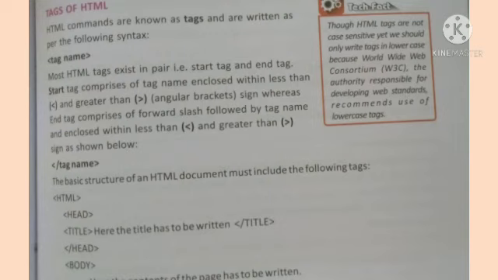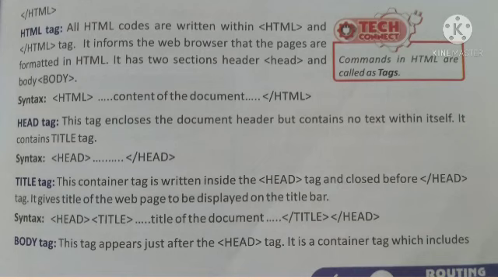Next, closing the head tag. Next, the body tag. Here the content of the page has to be written, then close the body tag and close HTML. All HTML code is written within the opening HTML and closing HTML tags.